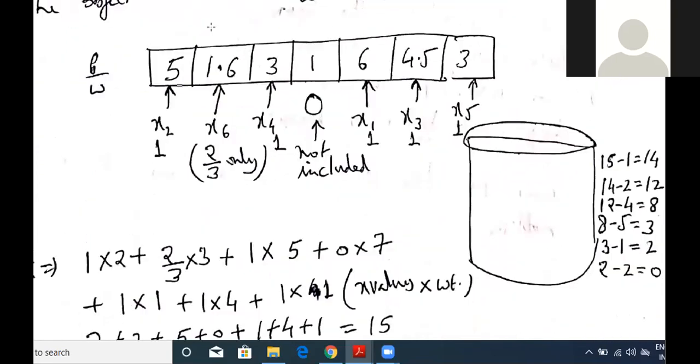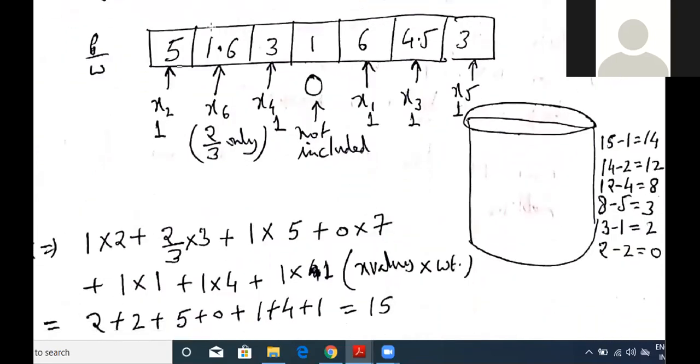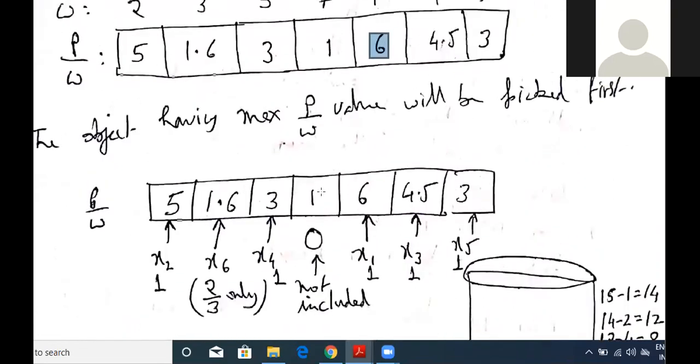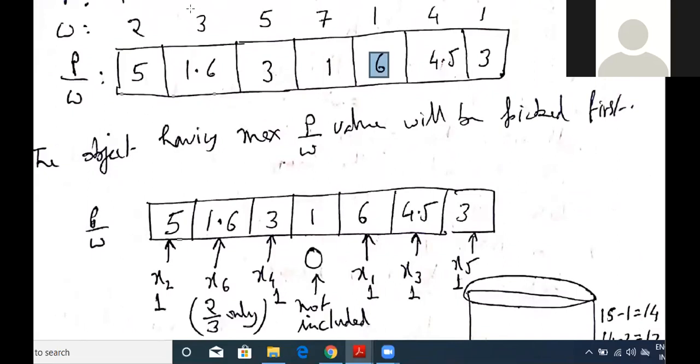But since the capacity of our knapsack is only 2 and the item weight is 3, we can't carry all the weight of the item at a single time. Since the capacity remaining is 2 and the item weight is 3, we can carry a fraction of the item at this time. We didn't carry the item as a whole.